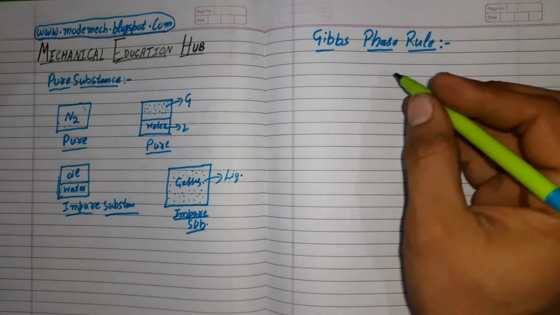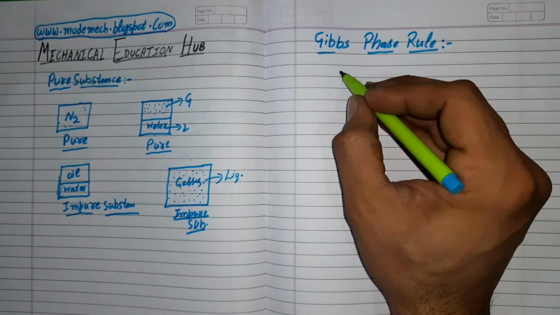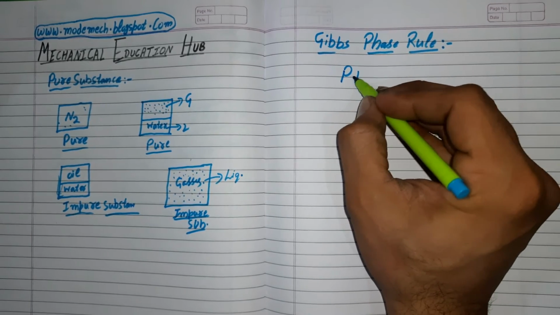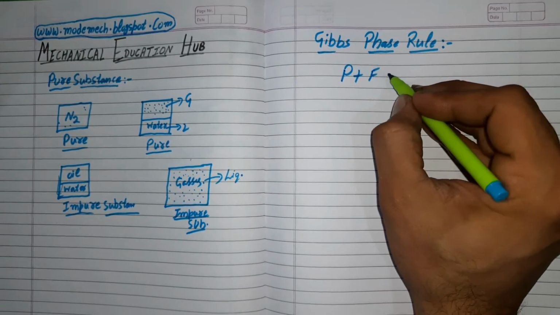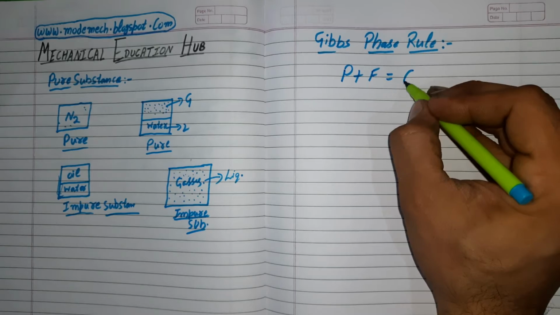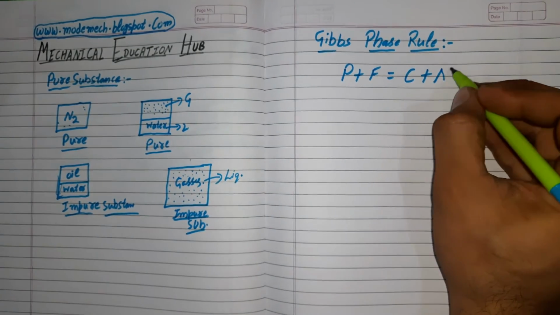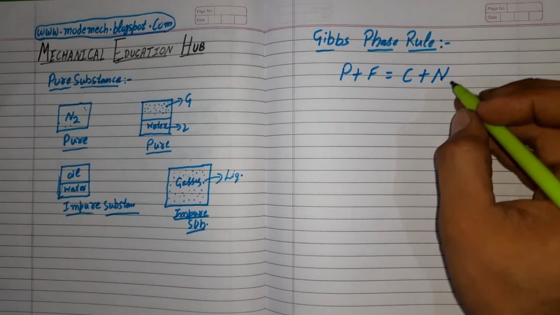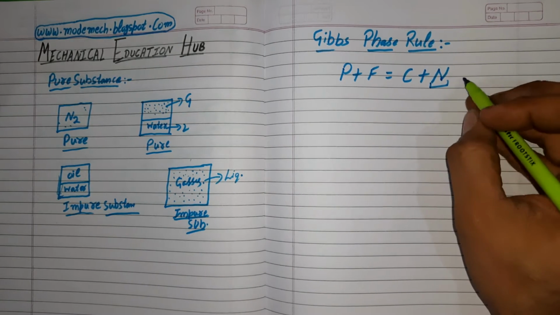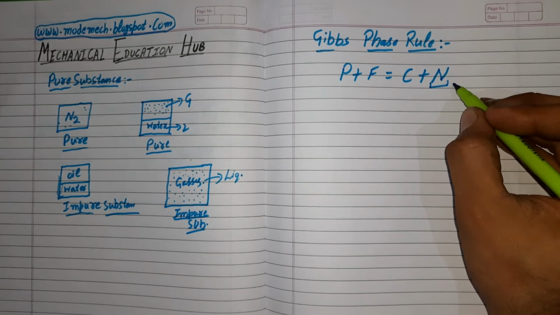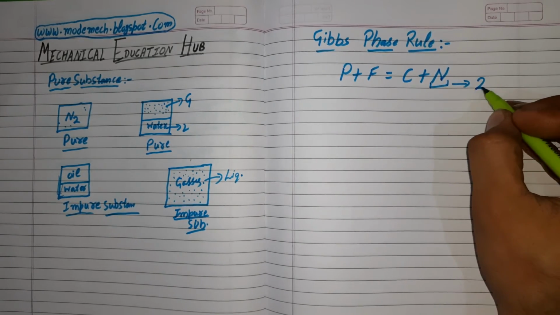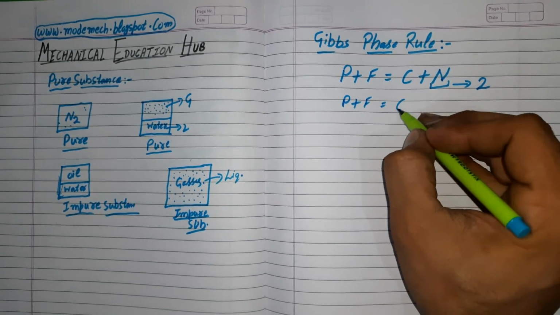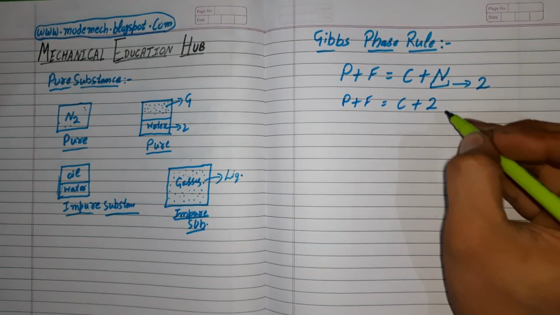Now, the formula given by Gibbs is P plus F equals C plus N. In thermodynamics, we take N equals 2, so P plus F equals C plus 2.